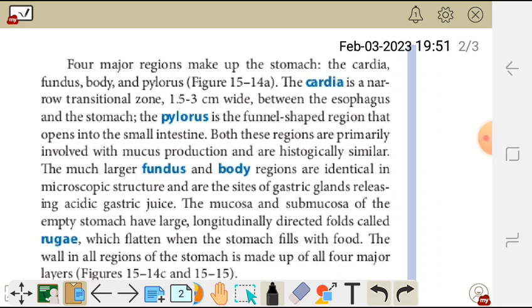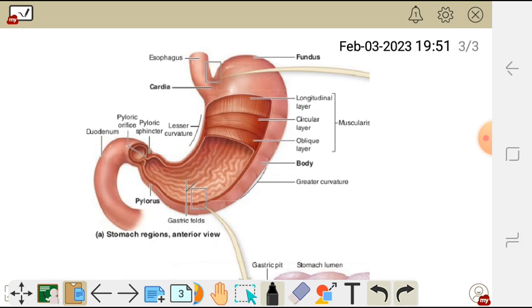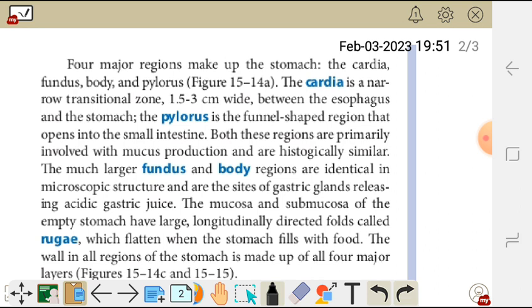From there, let's move on to the pylorus. The pylorus is this cone-shaped, funnel-shaped region that opens into the small intestine, mainly the duodenum. Both these regions are primarily involved with mucus production and are histologically similar.